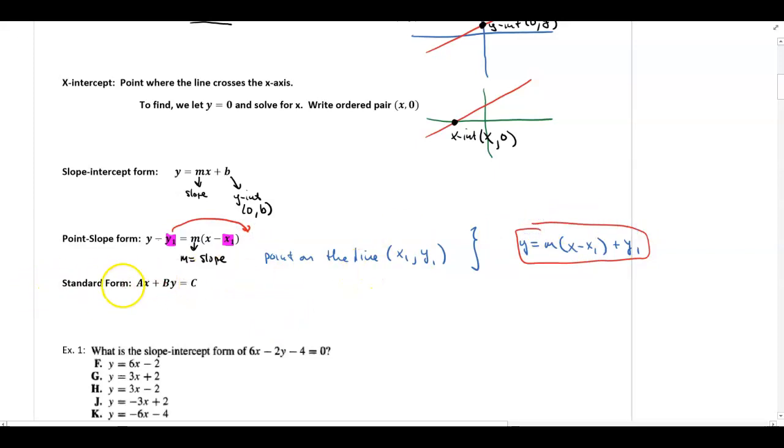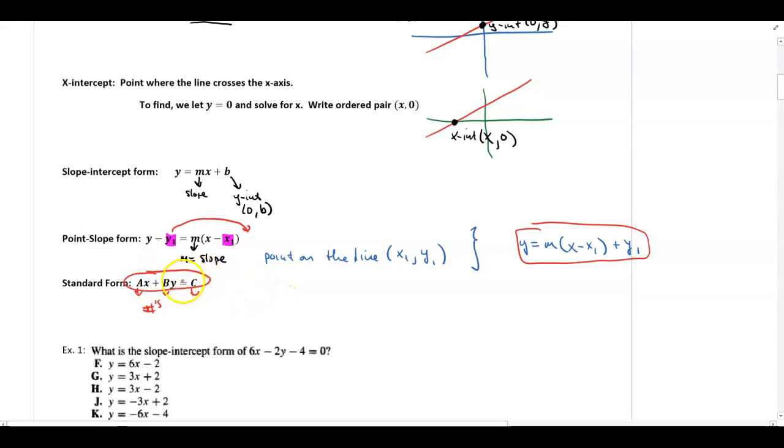The last one is standard form, which is ax plus by equals c, where a, b, and c are all replaced with numbers. They will most likely be integers, but they could be decimals and fractions too. Now, in this form, I'm going to tell you a shortcut.